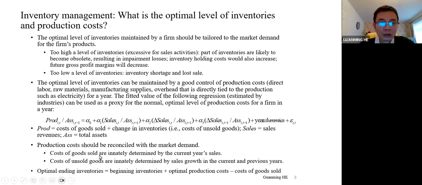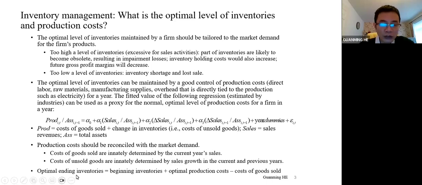Okay. So taken together, we have three basic determinants of the production cost: sales in the current year, change in the sales in the current year, and change in the sales in the previous year. We estimate this regression to get the fitted value of the production cost, and this is used as the measure of the optimal level of production cost to be maintained by the firm.